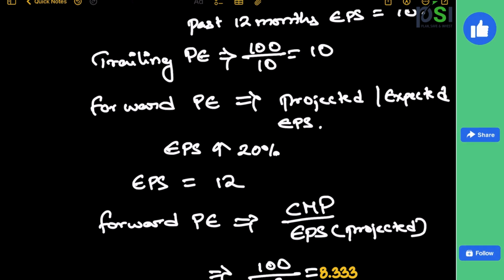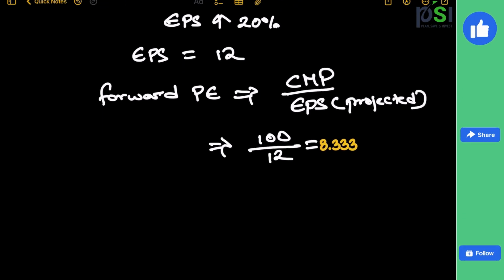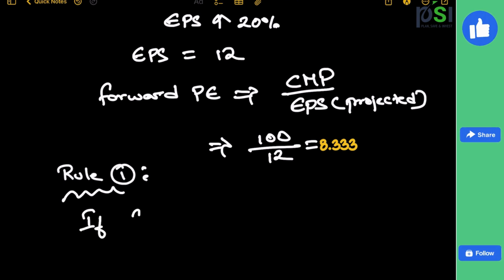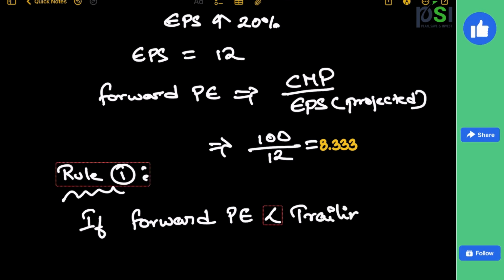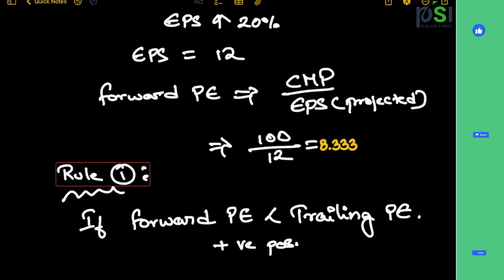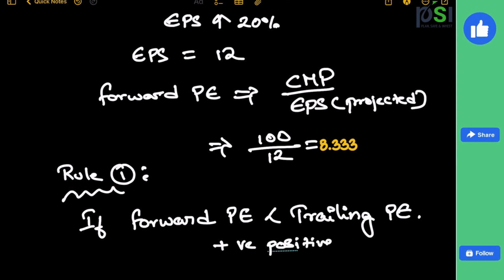So what is the first thumb rule? Rule 1. If forward PE is less than trailing PE, that is past 12 months PE, it is considered a positive outlook on that stock.